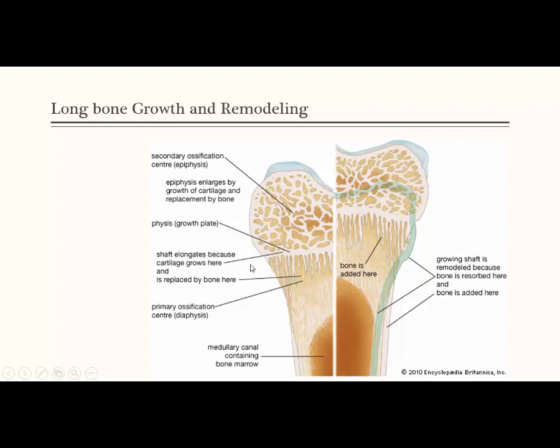And so there is a physis, or a growth plate, and next to the physis is the epiphysis, which is the growing tissue that's enlarging as this cartilage grows and is replaced by bone. And ultimately, as this cartilage grows and is replaced by bone, the shaft of the bone will elongate.